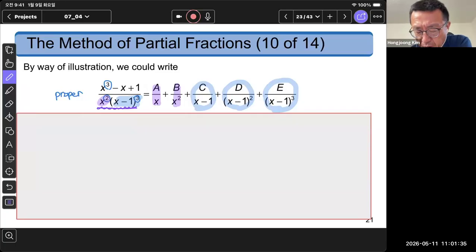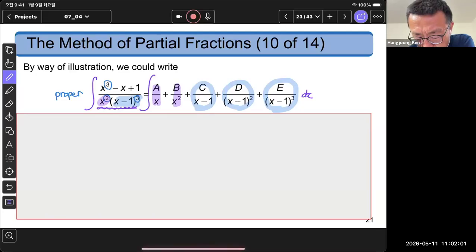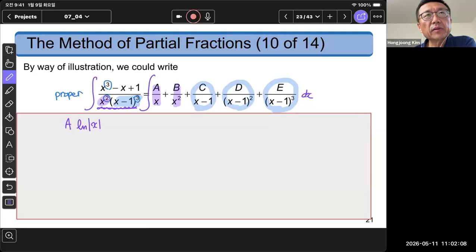Okay, then suppose that you find the values of A, B, C, D, and E. Now, if I integrate both sides, assuming that you know the values of A, B, C, D, and E, the first term, 1 over x, what do I get if I integrate that term? You get A times ln absolute value of x, right?